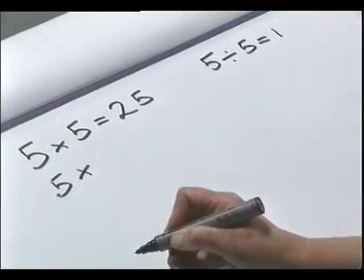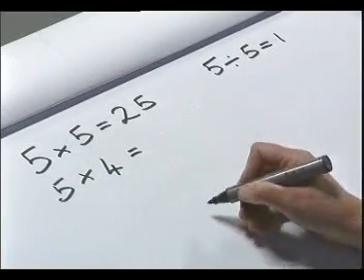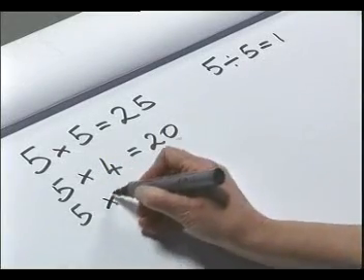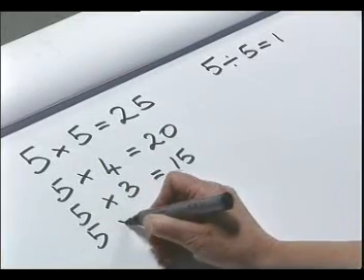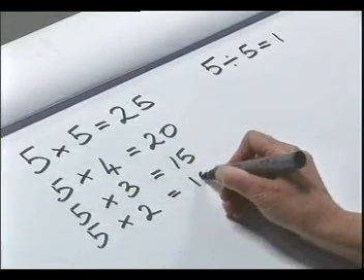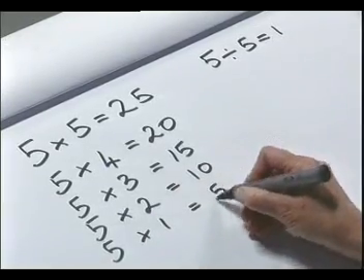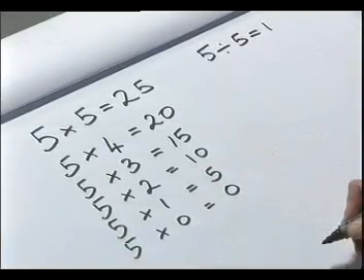For the next calculation here, I'll say this is 5 times by 4. And we know that is 20. 5 times by 3 is 15. 5 times 2 is 10. 5 times 1 is 5. And 5 times 0 is 0.